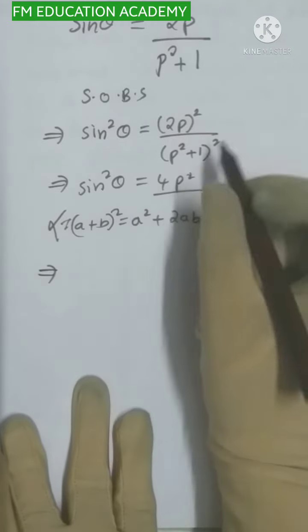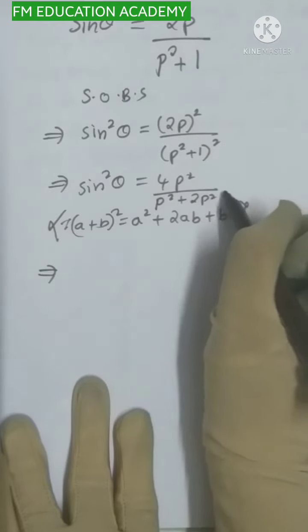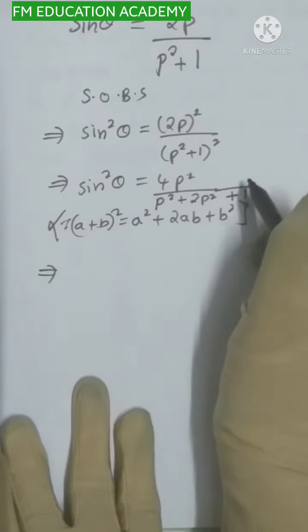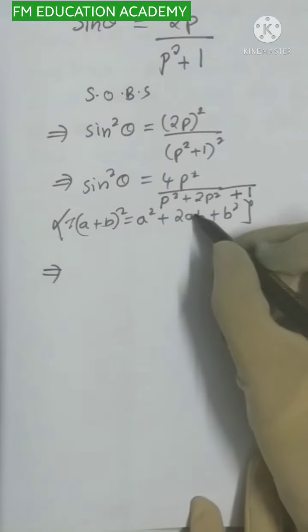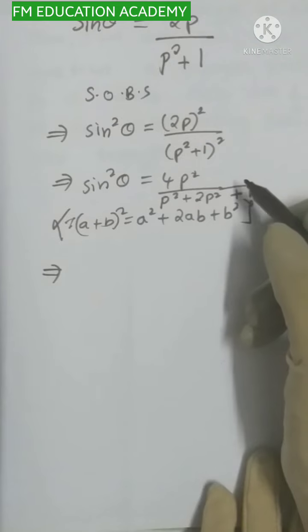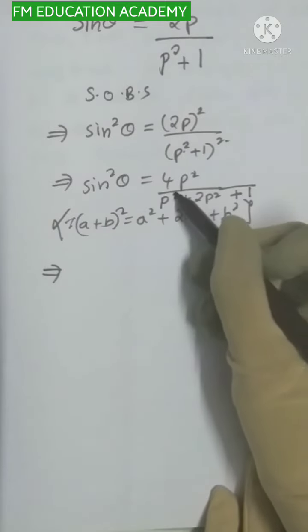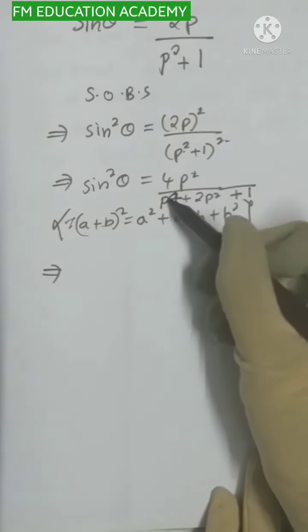So we have p square whole square plus 2 into p square into 1 plus 1. Here we have 2 into a into b. p square whole square is nothing but p power 4.